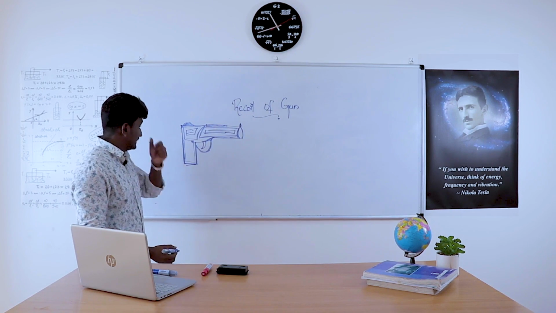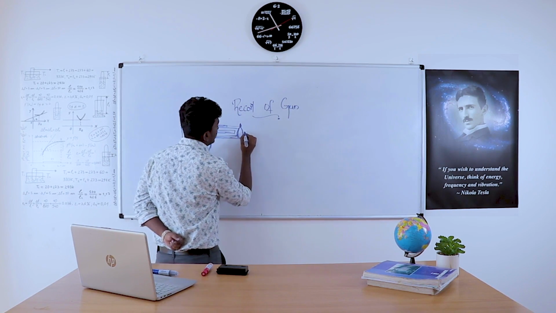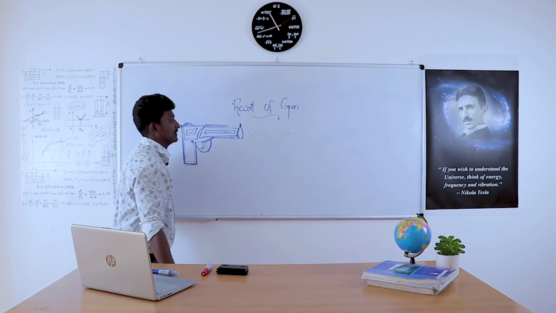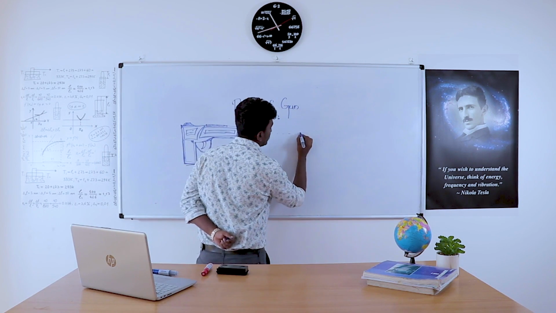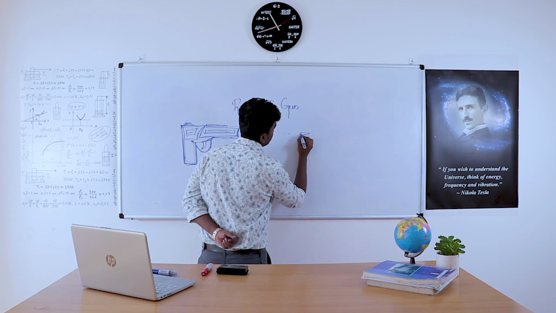Okay, now just consider this as a simple gun. And when we are firing, the bullet goes on this path. Okay, consider a simple bullet. This is our bullet.